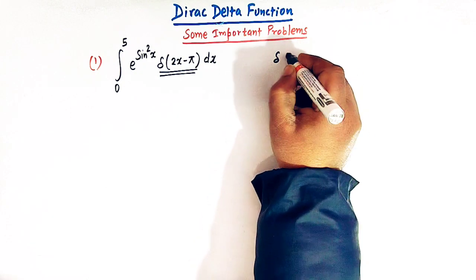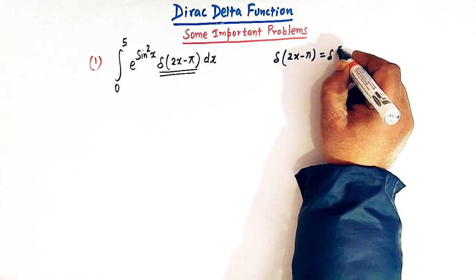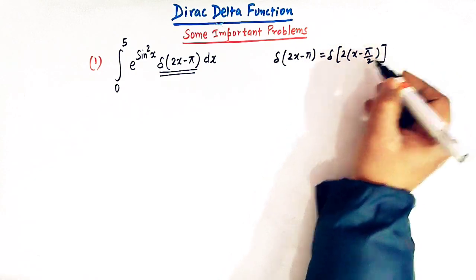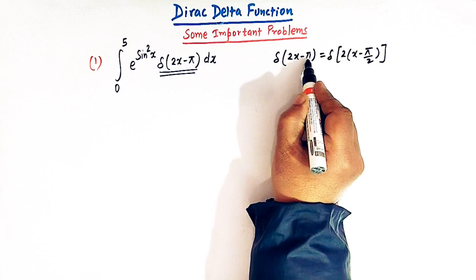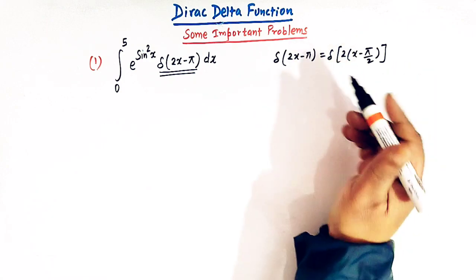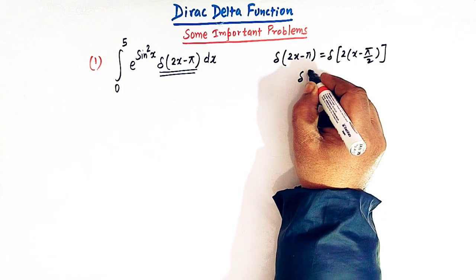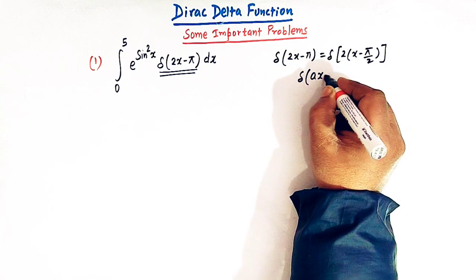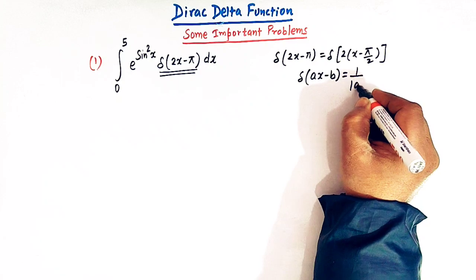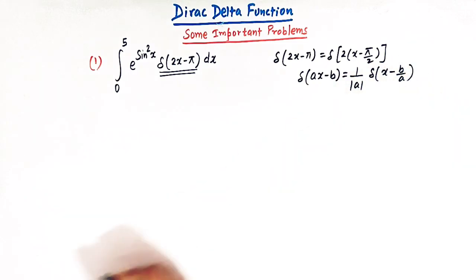So what we will do, we'll write delta of 2x minus pi as delta of 2 times x minus pi by 2, right? We'll take 2 common from these two terms. So we have delta of 2 times x minus pi by 2, and here we'll apply an important property of the Dirac delta function, which says that if we have delta of ax minus b, then this is equal to 1 over mod of a delta of x minus b over a, right?